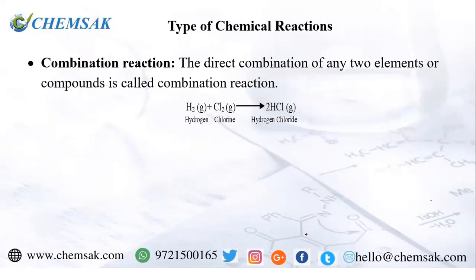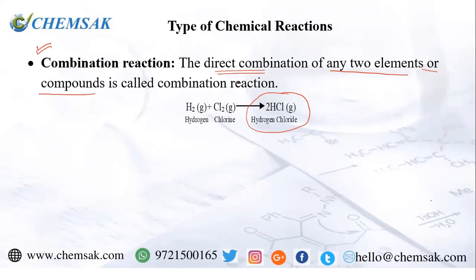Okay, now types of chemical reaction. On the basis of the nature of the chemical change, we divide them into different types. First is the combination reaction. Combination reaction means any two elements or compounds combine with each other and then get one product, only one product.